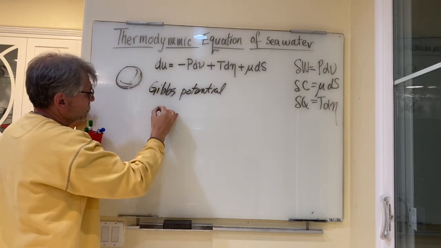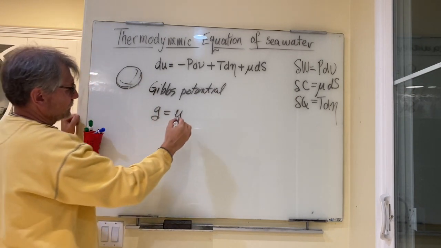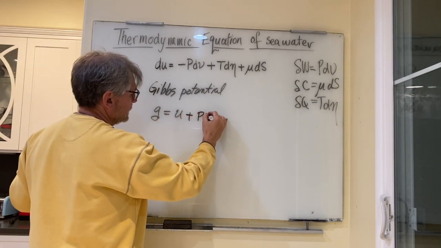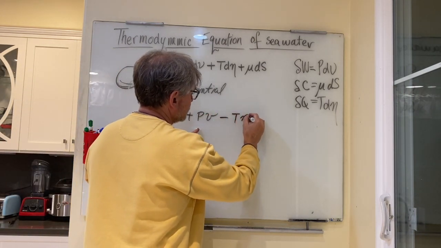So we go to the Gibbs potential, which we define as G, which is U, the same as the internal energy, but then we make some corrections. We add pressure times the specific volume, and we subtract temperature times the entropy.